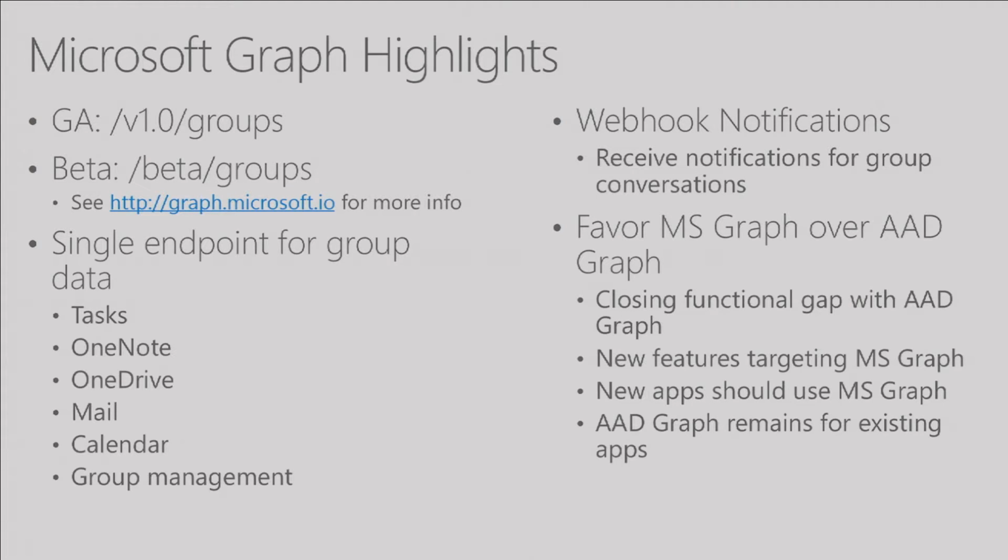Moving forward, you'll see new functionality showing up on the Microsoft Graph only. If you have applications that are accessing the AAD Graph today, though, don't worry. It's fully supported. It's not going anywhere anytime soon.